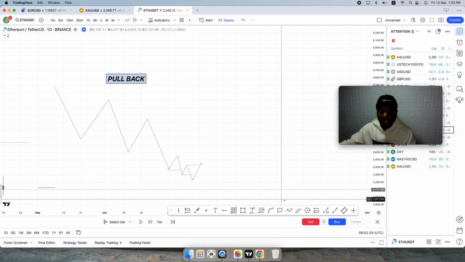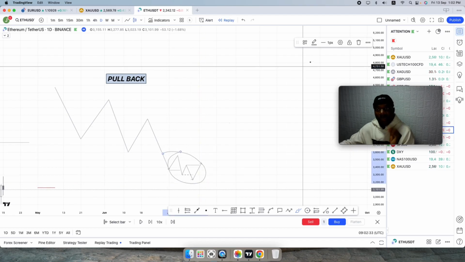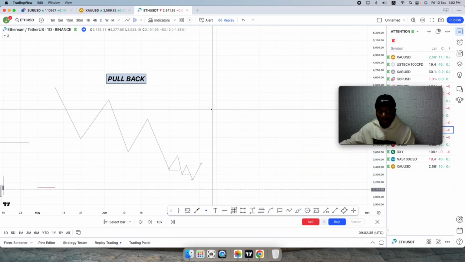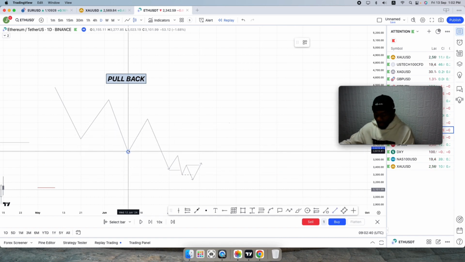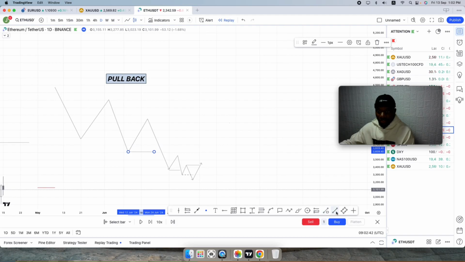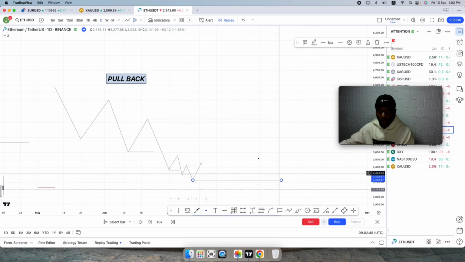So when this internal structure starts reversing, then I will know that a pullback on a major structure has begun. Because right now this is our major structure, this is our major high, and this now becomes our major low.